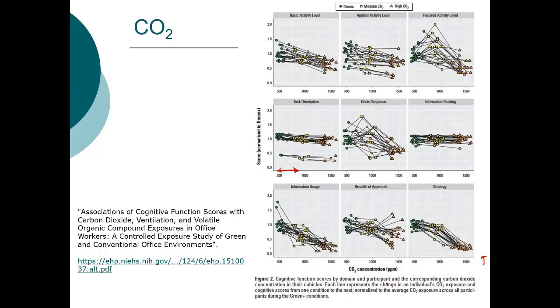And the CO2 levels would reach somewhere around 1,800, 2,000 in the classroom. So it's well above that 1,500. So yeah, there's definitely the potential for cognitive function to decrease in that sort of an environment.